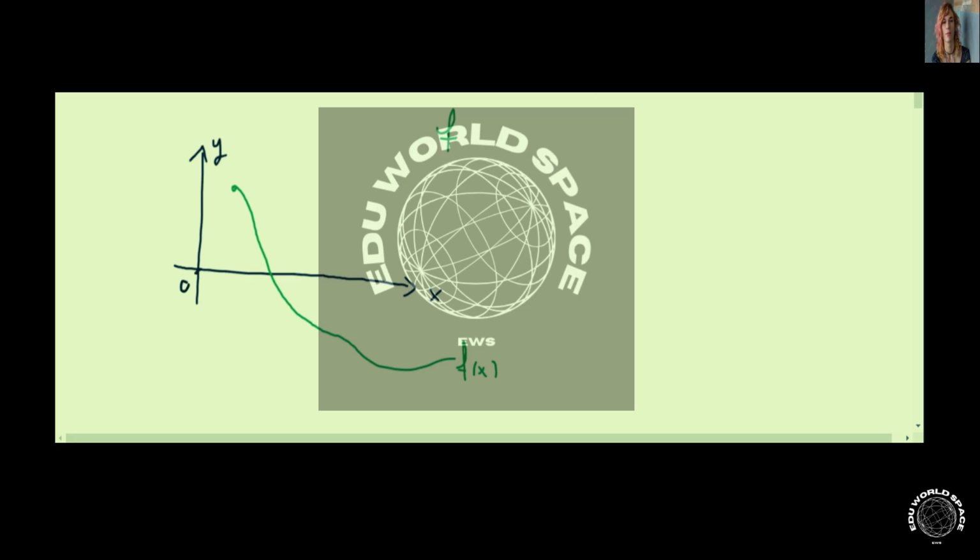So f is not necessarily always positive, always greater than 0. So how do we compute S sub f, the surface of revolution, by rotating?